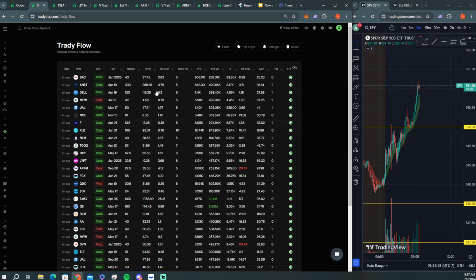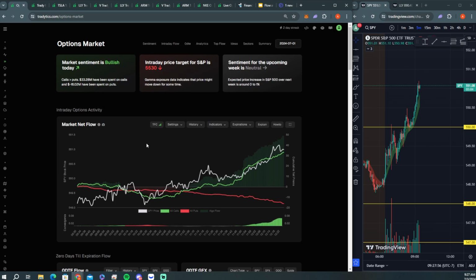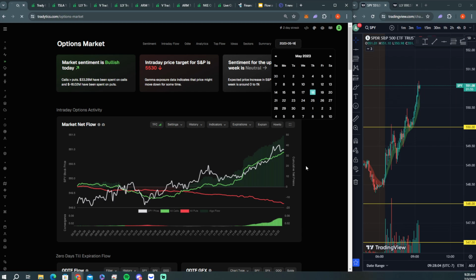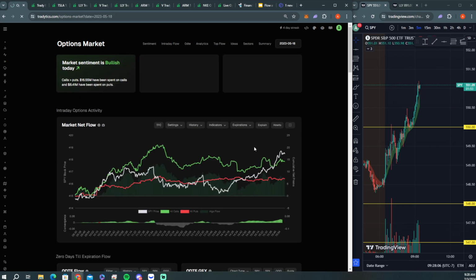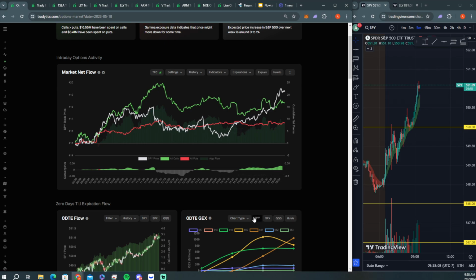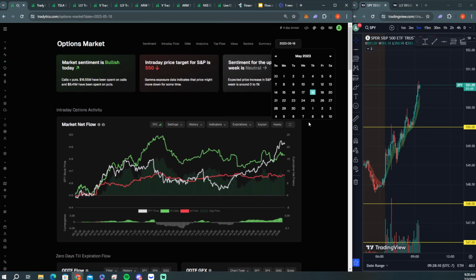But yeah, you can backtest most things. Like for MarketNet Flow, which I talk about a lot, you can backtest as far as they allow, obviously. So I can go all the way back to like May of 2023 and see what MarketNet Flow looked like that day. See that? So it just depends on what kind of data you're looking for, I guess.